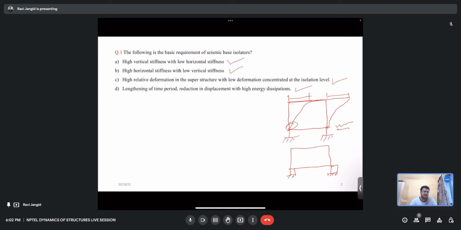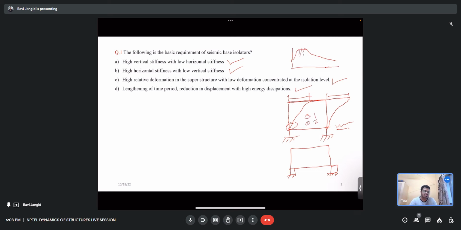But how do we find out that this displacement is higher? If we go to the response spectra, this is the graph of Sa by g. For the fixed base structure, the time period is around 0.1 or 0.2 seconds, which lies in this range.